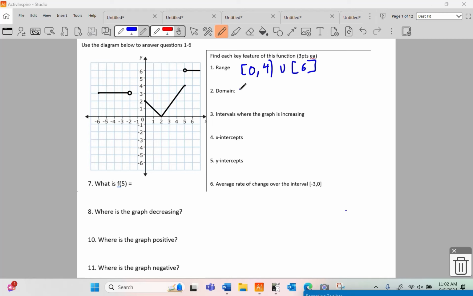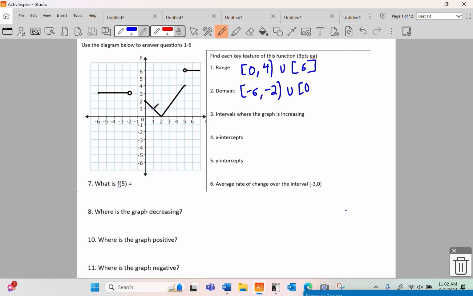Next up is domain. This thing starts over here at -6 with a solid dot, runs all the way to -2 with an open dot, and then there's actually a horizontal jump to 0, where x is 0. And then it runs to 5, and you make a vertical jump, not a horizontal jump, a vertical jump.